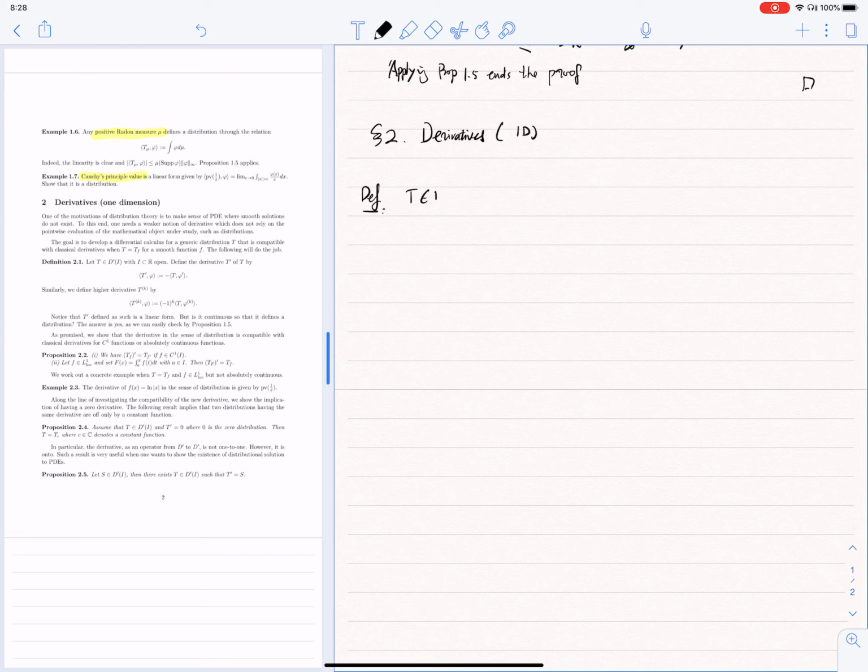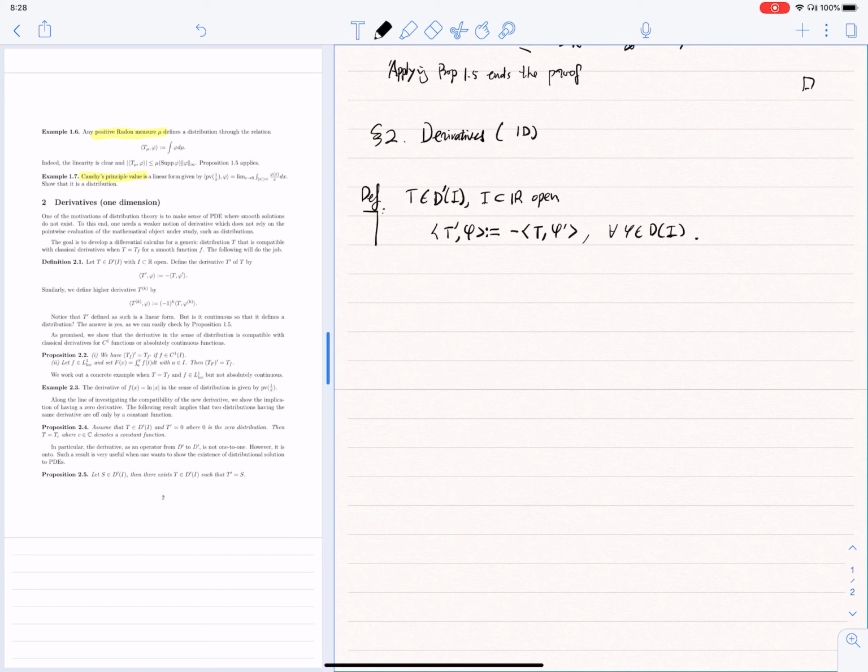We are given a distribution T. This is our definition of a distribution, where we are in one dimension, so I is an open set in R. And the idea of this derivative of a distribution is, when it applies to a test function, we are going to define it as negative T applied to the derivative of the test function, for any phi in the space of test functions.